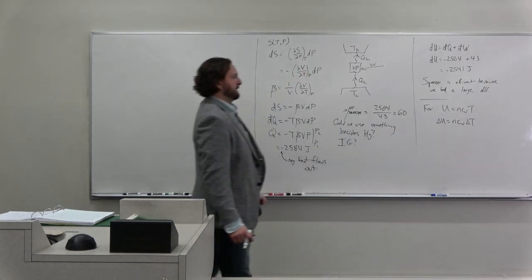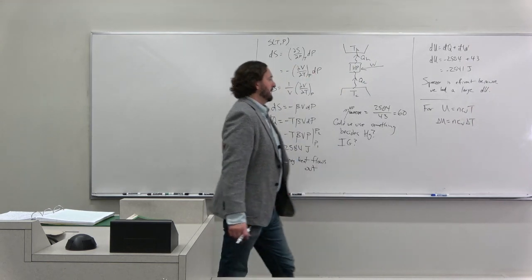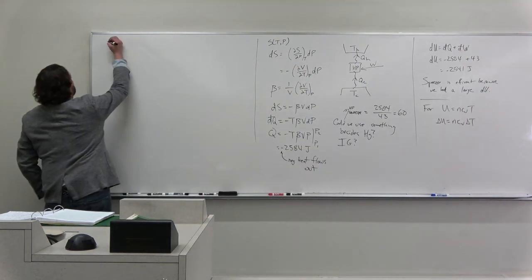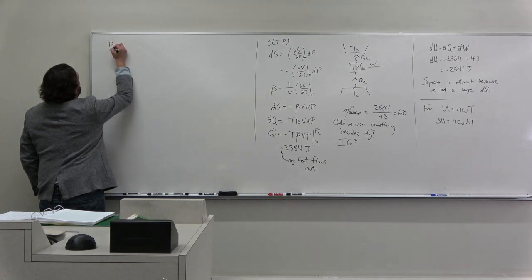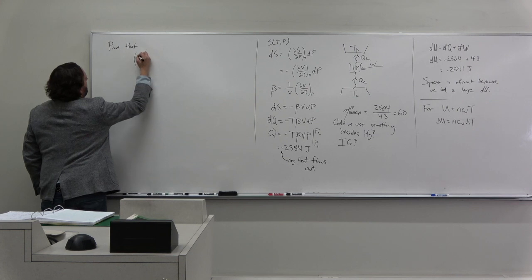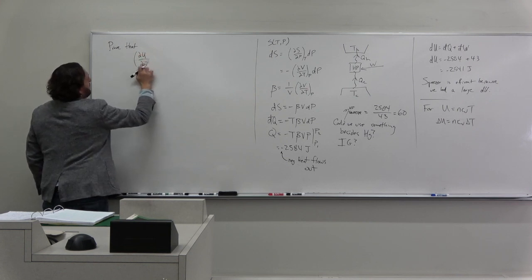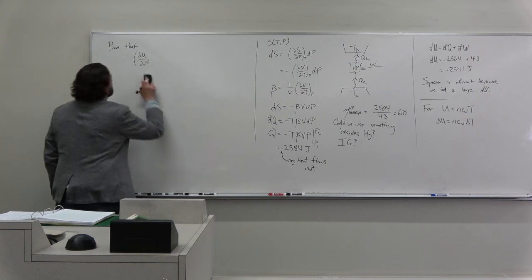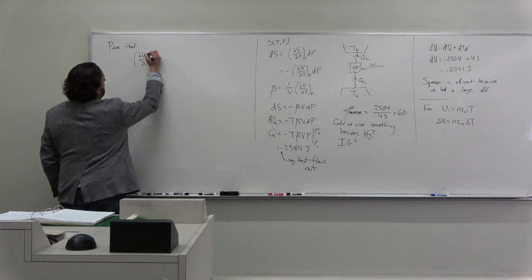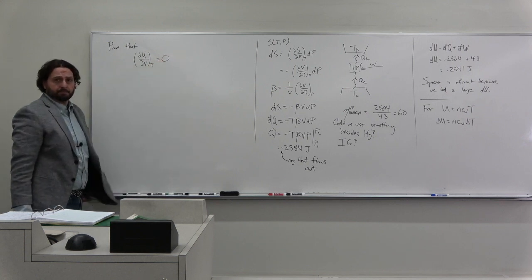Okay, so to prove this more generally, let's prove that an ideal gas can't act as a squeezer by proving that partial U, partial V, at constant T is equal to 0.